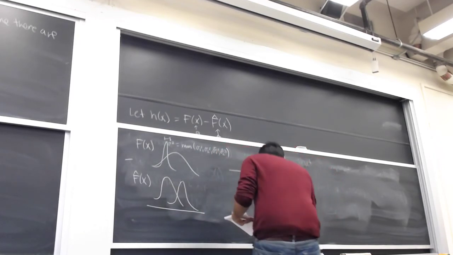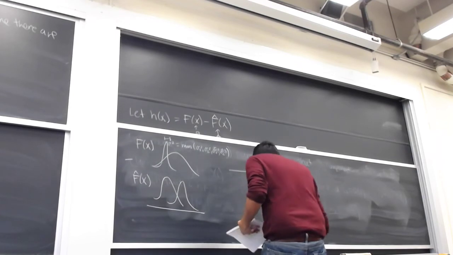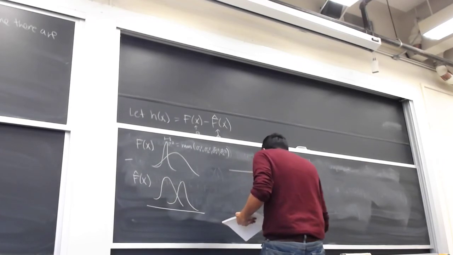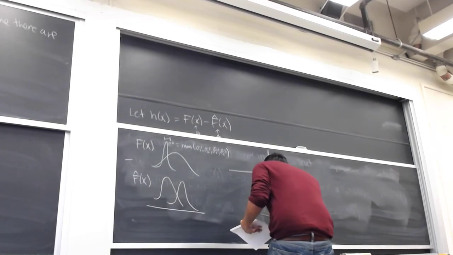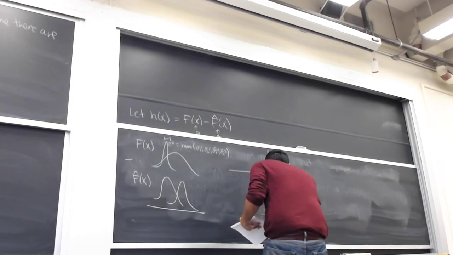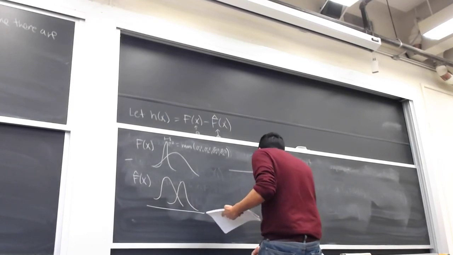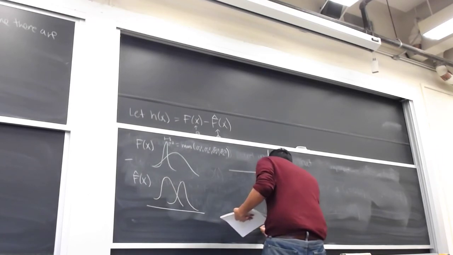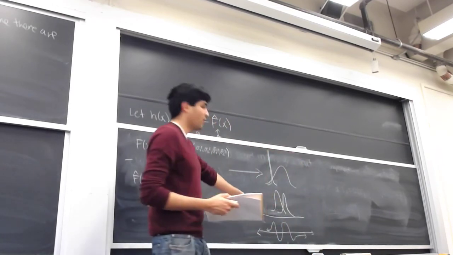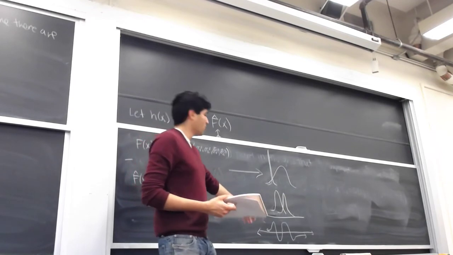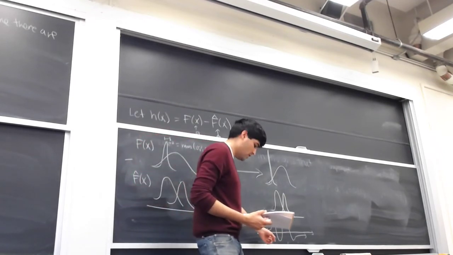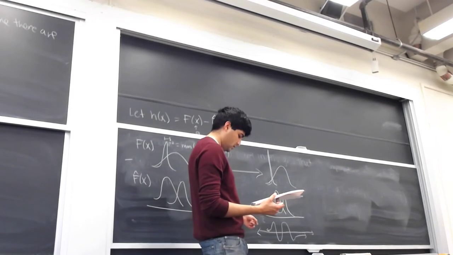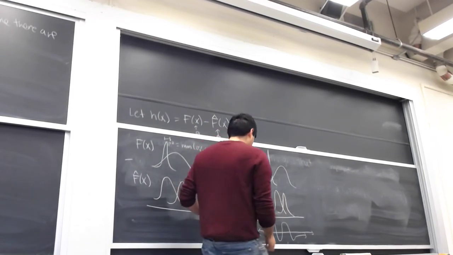Let me strain my drawing ability and draw it. So what this is going to look like is some sort of function, which will be analytic, which crosses 0 at most 4 times.